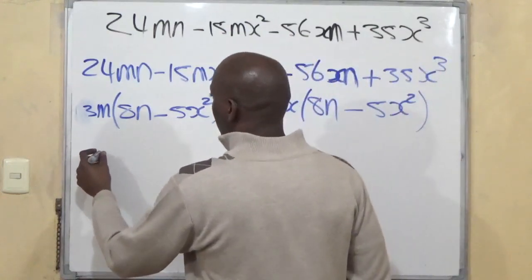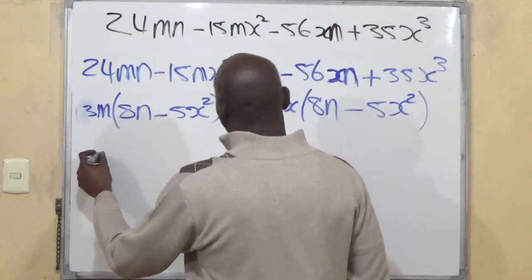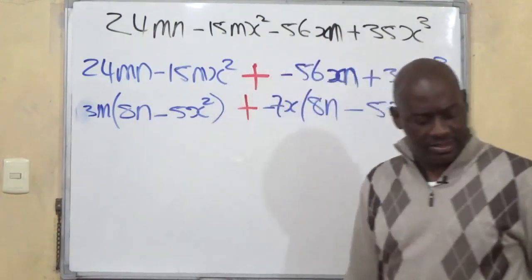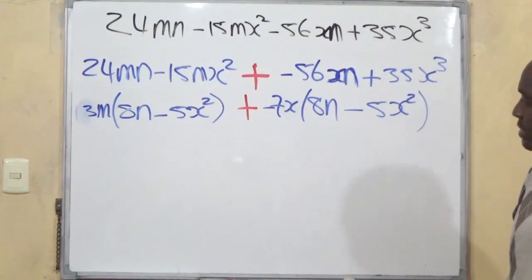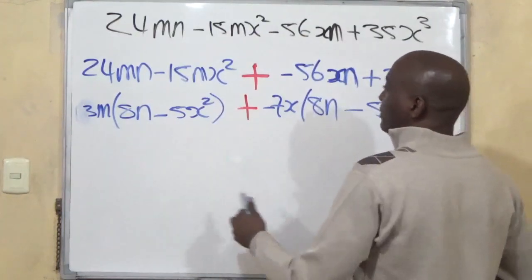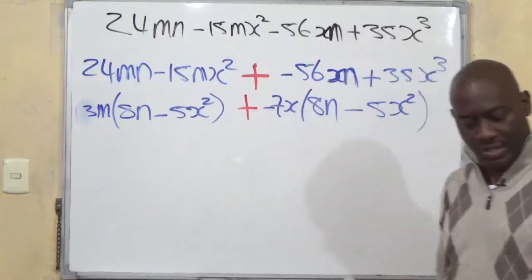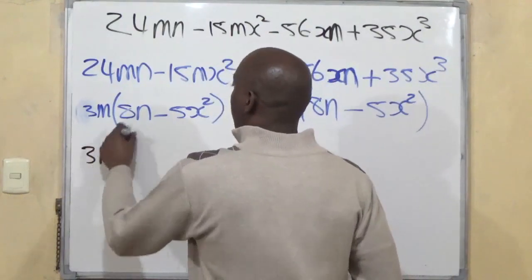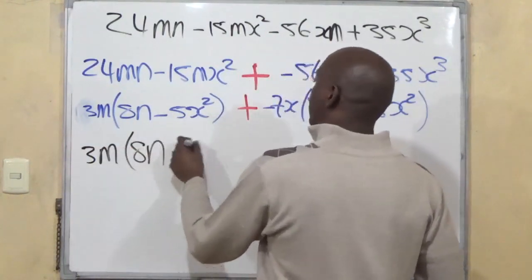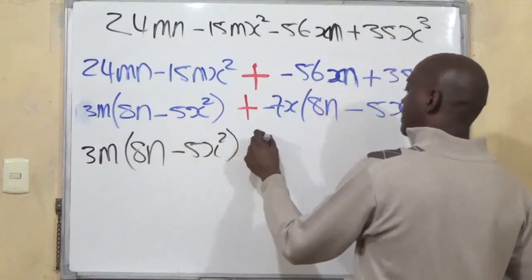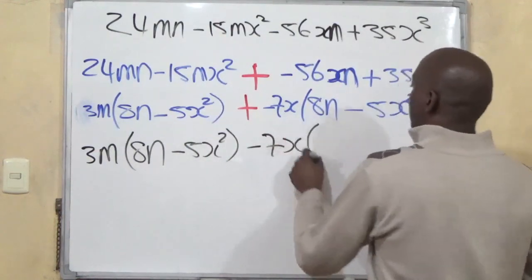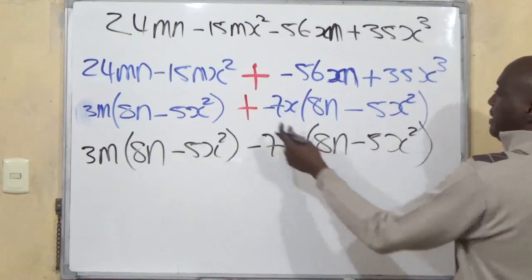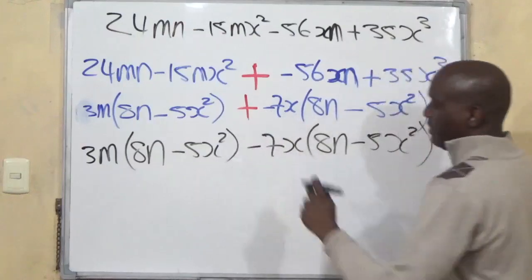So basically you have 3m here into 8n minus 5x squared, minus 7x into the same 8n minus 5x squared. This plus by this minus will give you a minus here.